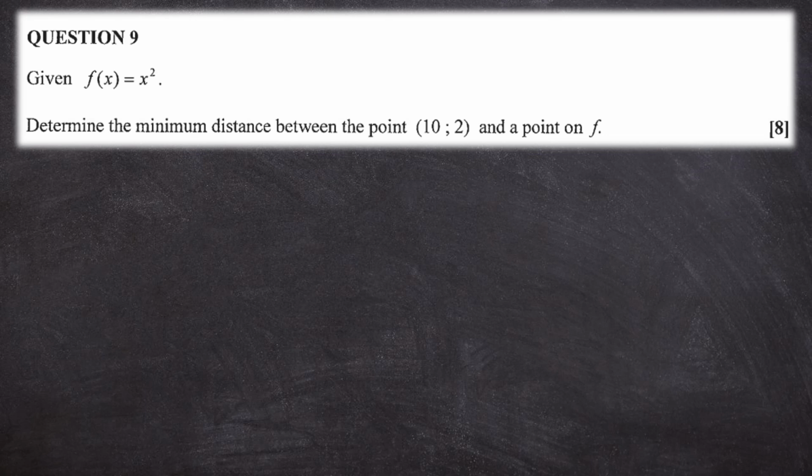But in this case, it's quite a challenging question, really, because they want you to minimize the distance. So in order to answer this question, you must look at this keyword, determine the minimum distance. Then you know, oh, this is actually the minimization of the distance. We have to minimize the distance, right?